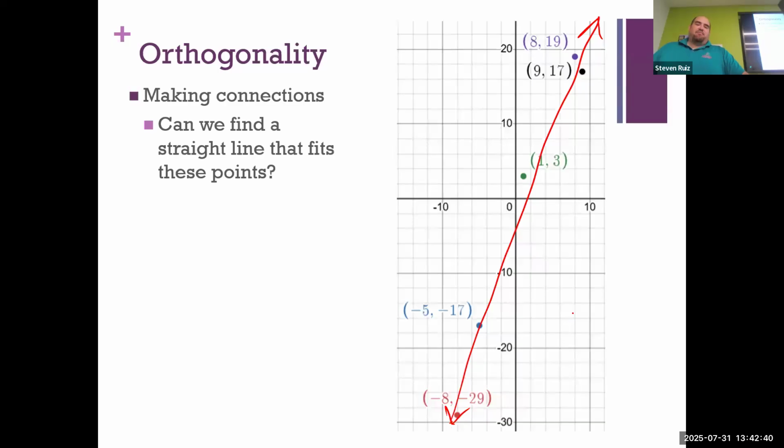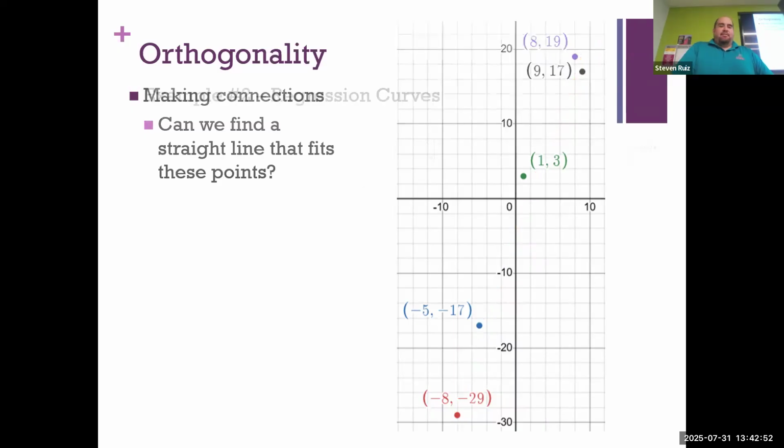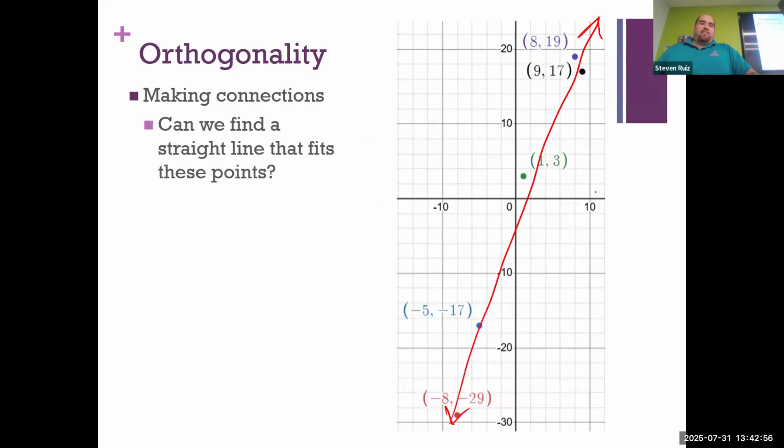Our answer should be something like this, right? But we're not going to be exact. We can find the least bad thing. So that's what we're going to do. If I want to find a straight line that fits all of those points, I would like to find the equation of a straight line.